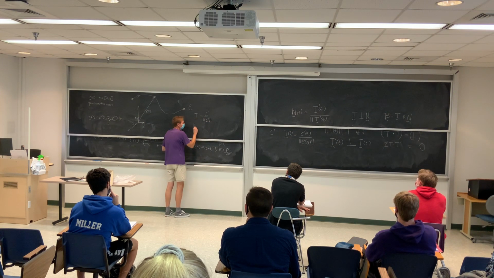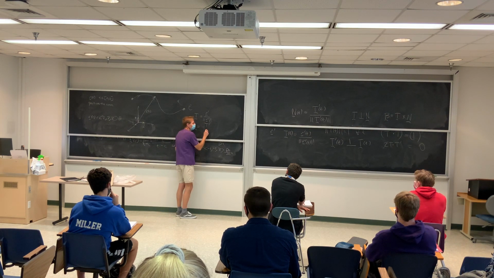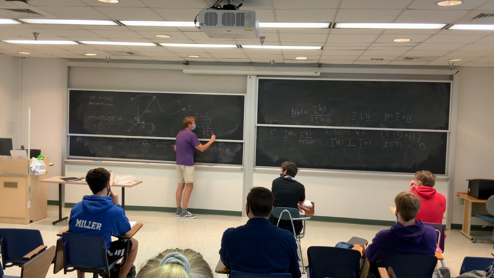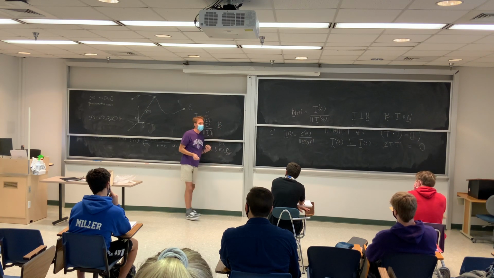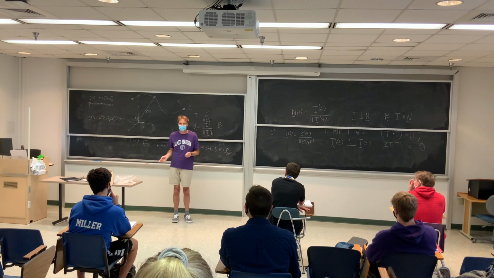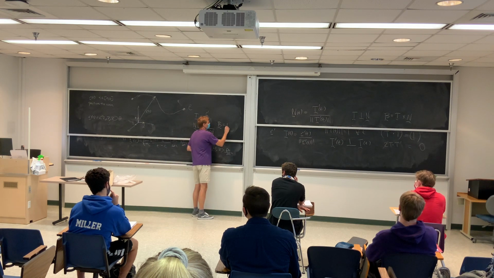How do you find capital N? T prime, you take the derivative of this, divided by the norm. How do you find your third vector? T cross N.